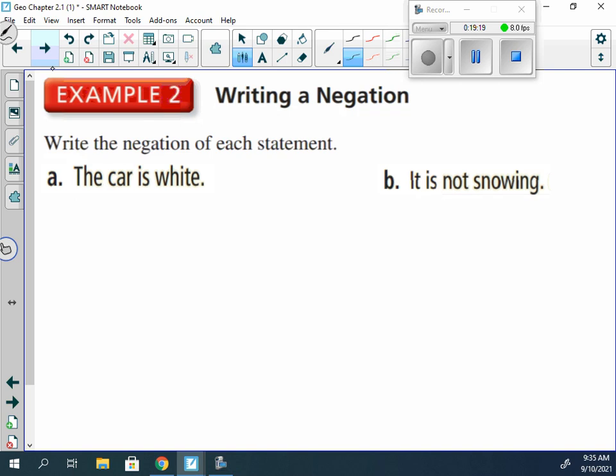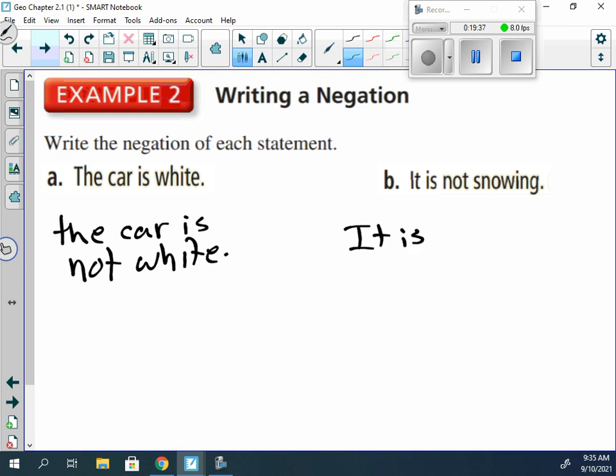The car is white. The car is not white. It is not snowing. Its negation is, it is.